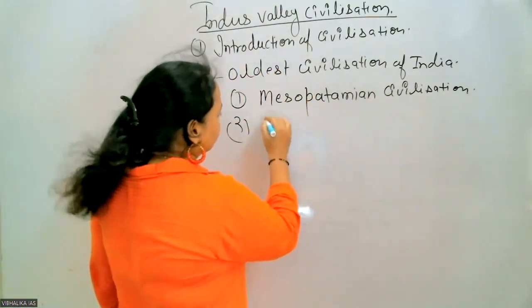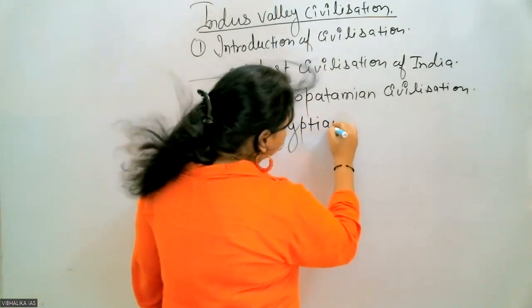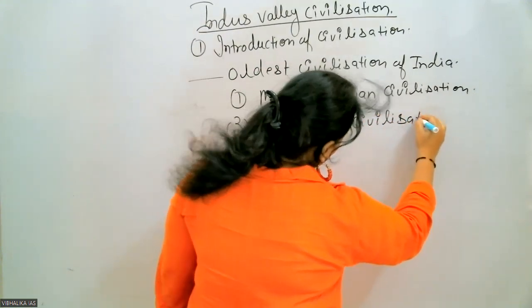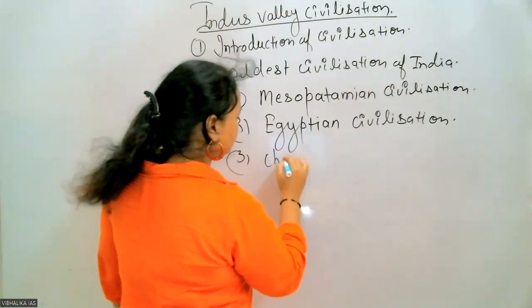Number two, Egyptian civilization. Number three, Chinese civilization.